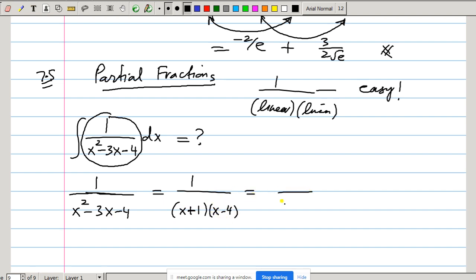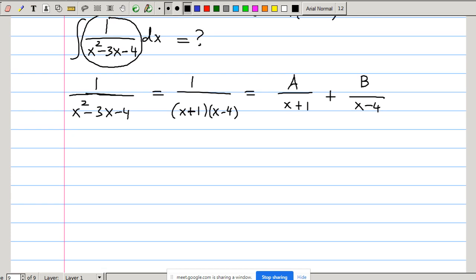Now I will write these factors separately, x plus 1 separately and x minus 4 separately. So A for the first one, B for the second. Then what we will do, we multiply them.